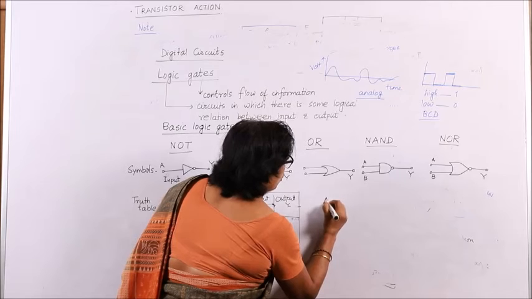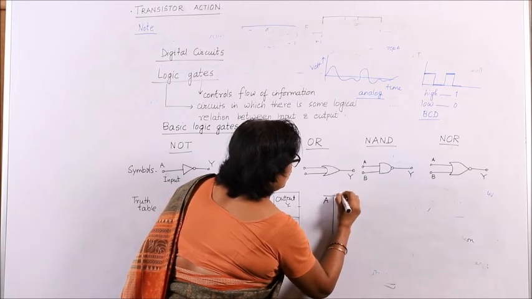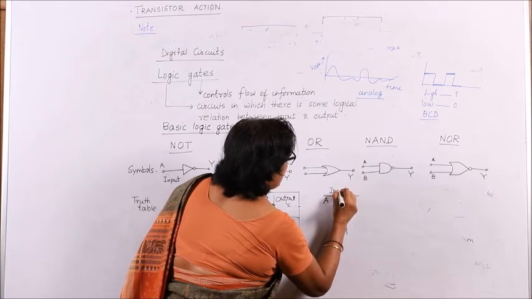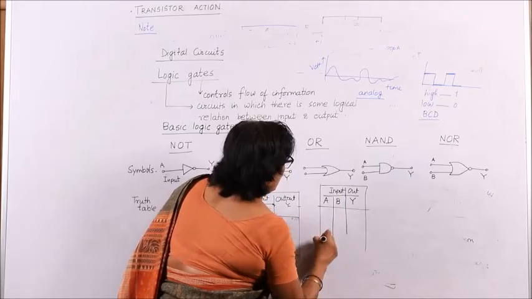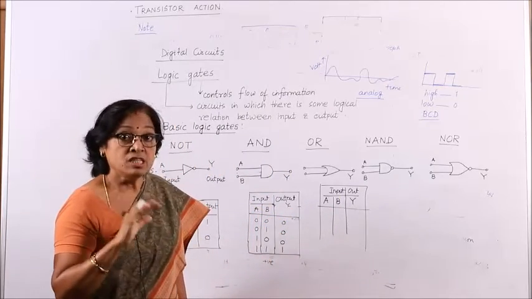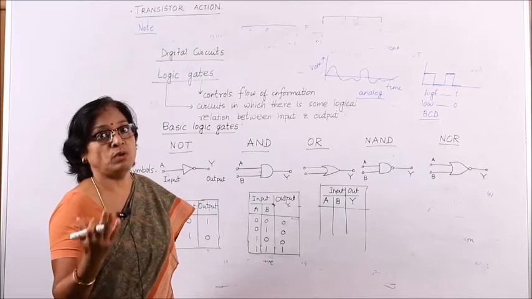In the case of OR, if I take A and B and find out the output, this is my input, this is the output. This says this or this, any of them is 1, output is 1.